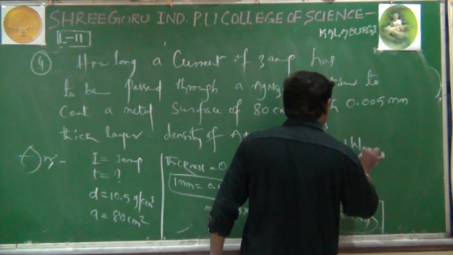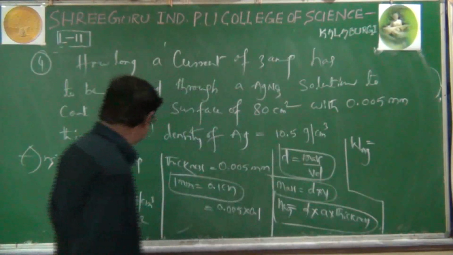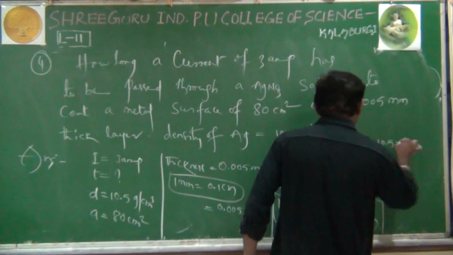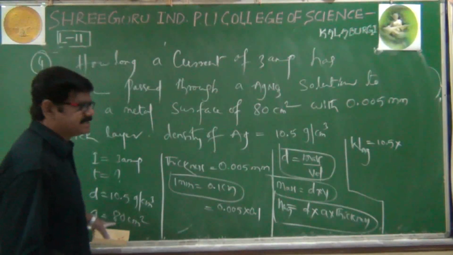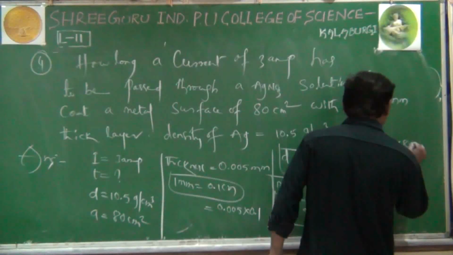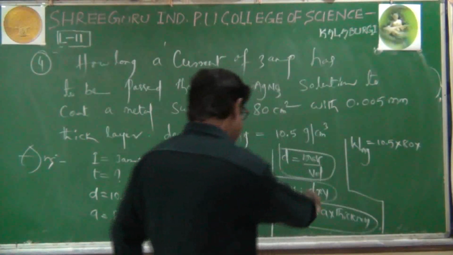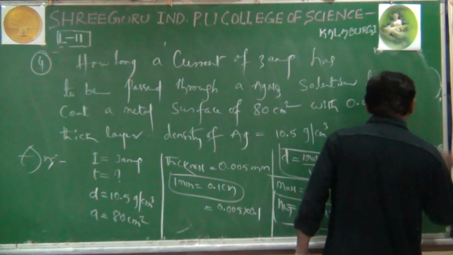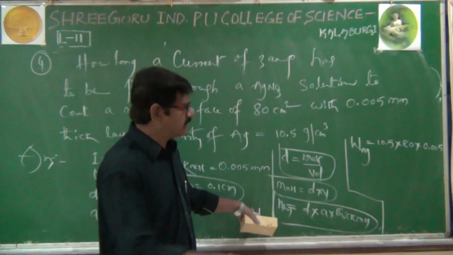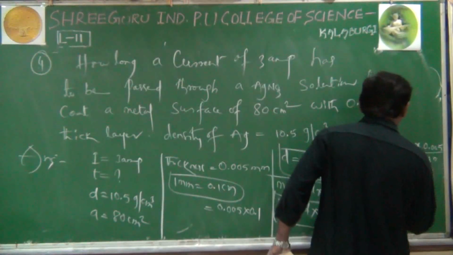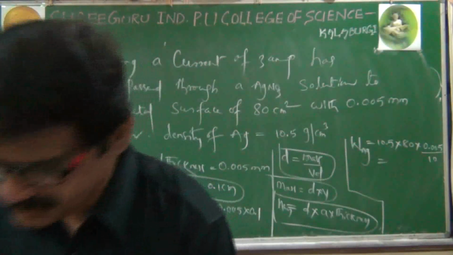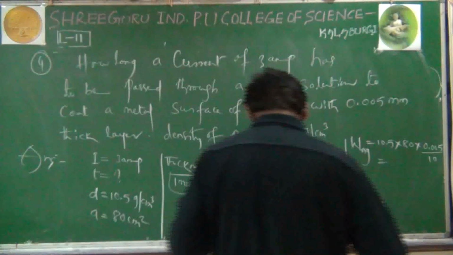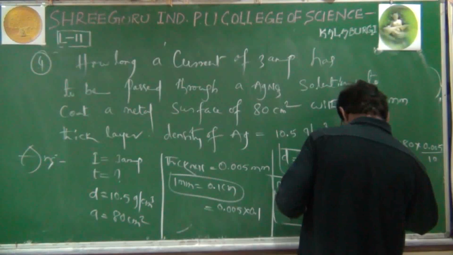Therefore, mass of silver W of Ag equals density, already given in the question, 10.5, into area given, 80 centimeter square, into thickness given, 0.005 into 0.1, otherwise divided by 10 also you can write. And if you simplify the entire value, then you will get 0.42 grams.